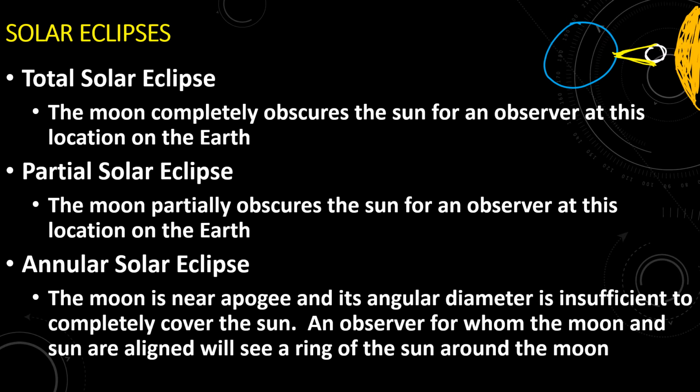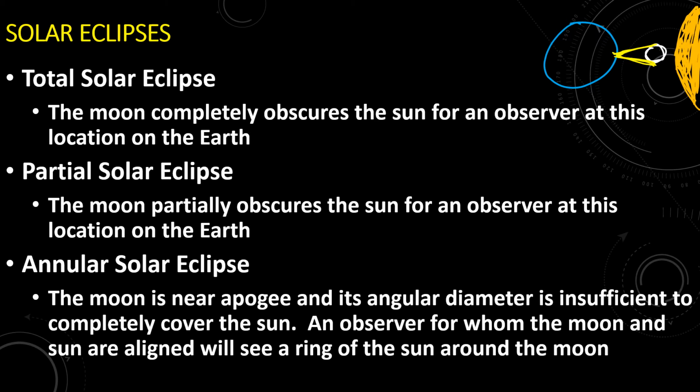So total solar eclipse, it gets dark. Partial solar eclipse, part of the sun is blocked out by the moon, and in an annular solar eclipse, the moon's directly in front of the sun, but it's at its furthest point in its orbit, so there's still sun around it.